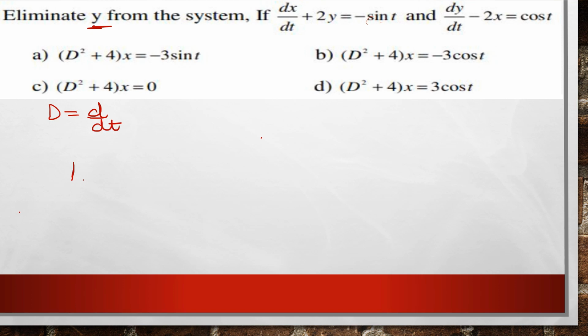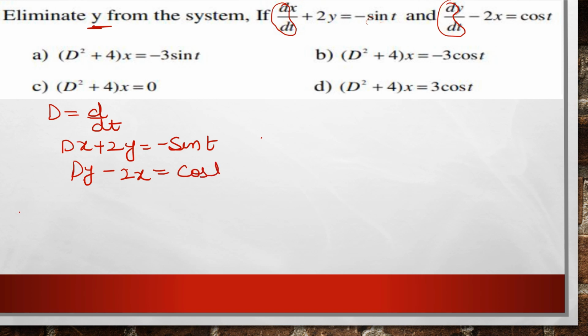So Dx plus 2y equals minus sin t, right? And Dy minus 2x equals cos t, right?